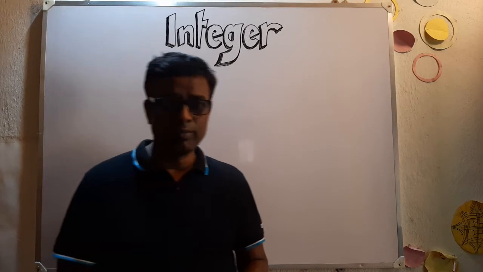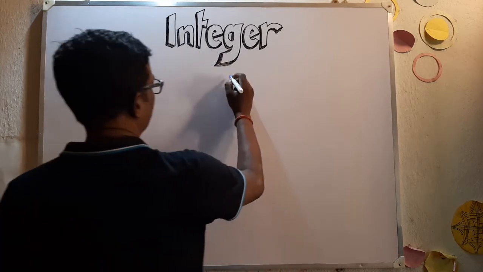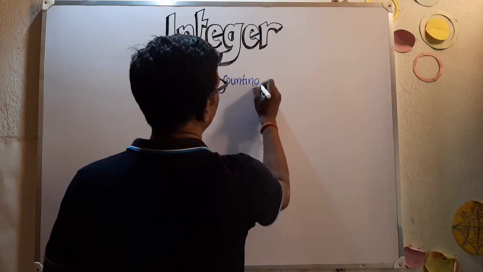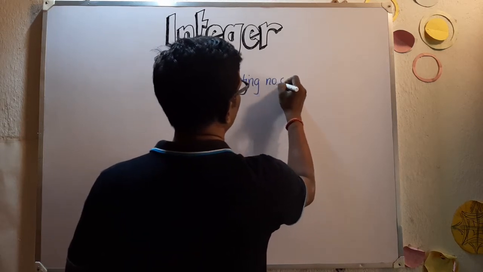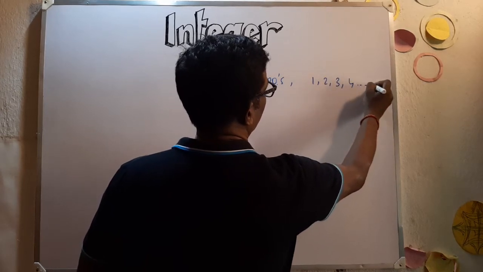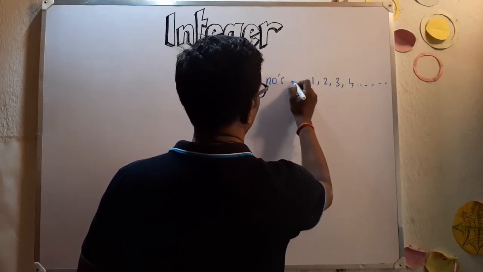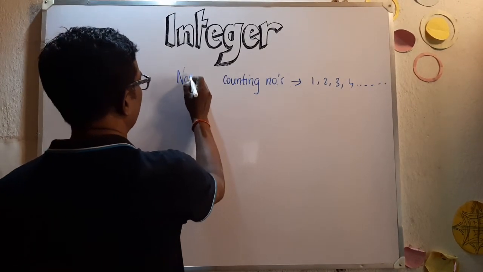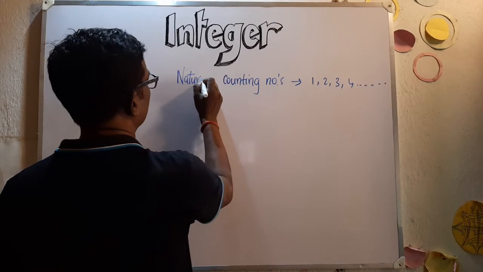So a set of counting numbers 1, 2, 3, 4, and it goes on, are your natural numbers.